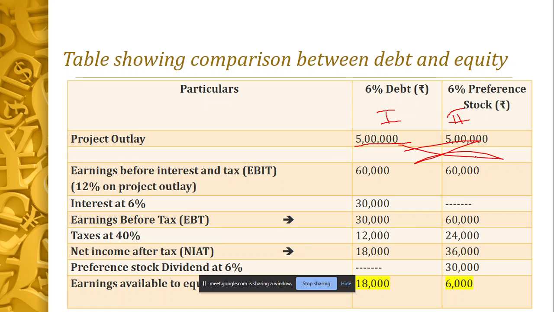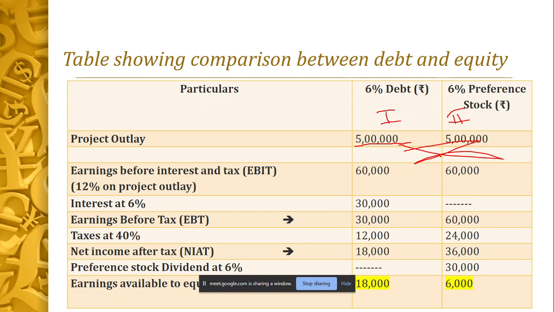Now, because this is an example, we have considered that the earning before both interest and tax would be 12% on the project outlay. So 12% on 5 lakh would be 60,000 each.